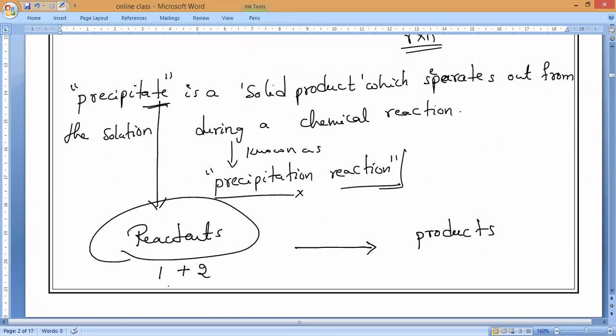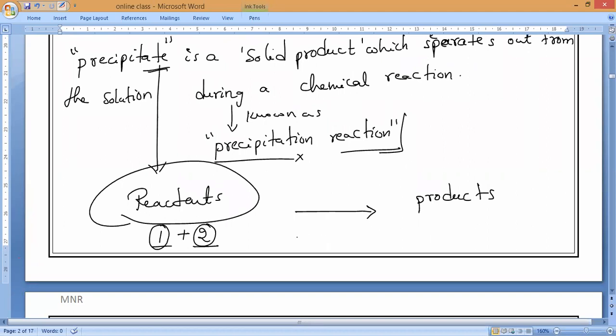Two reactants will be there, one and another one. The products, as I told you: one is in the aqueous state, and the other is the precipitate. One is the precipitate, and the other is again in the aqueous state.